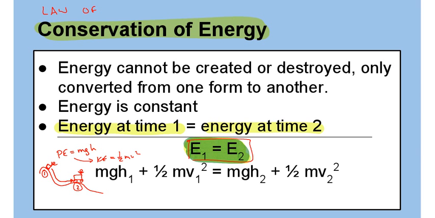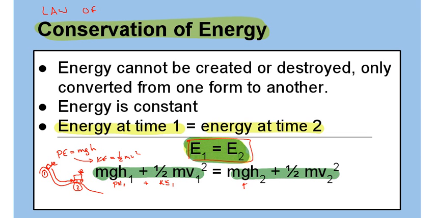And if I'm only considering potential energy and kinetic energy, then I can say, well, at point 1, I would have these two right here. This would be the potential energy at point 1, and this would be the kinetic energy at point 1. And then over on the other side, I've got the same thing, but you see that the subscripts are different.